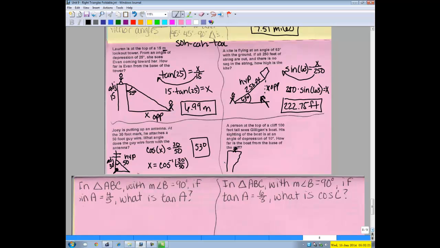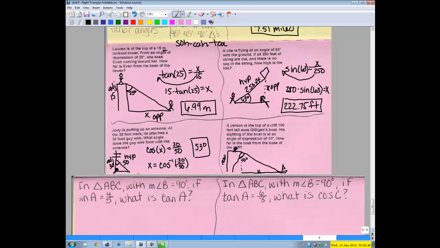And the whole cliff is 100 feet. He sees a boat. And the angle of depression is 10 degrees. How far is the boat from the base of the cliff? So, if this was straight down, how far would that be away? So this piece right here.